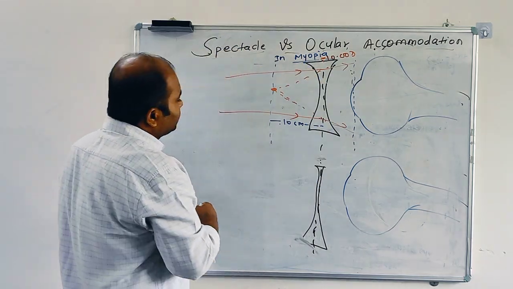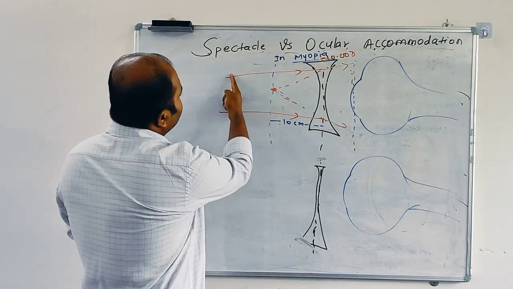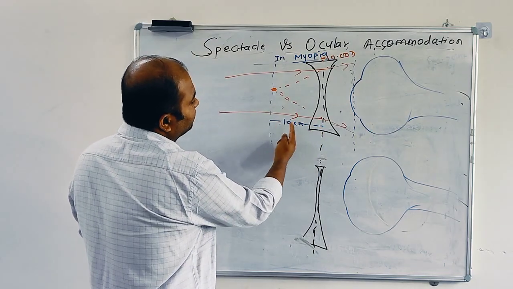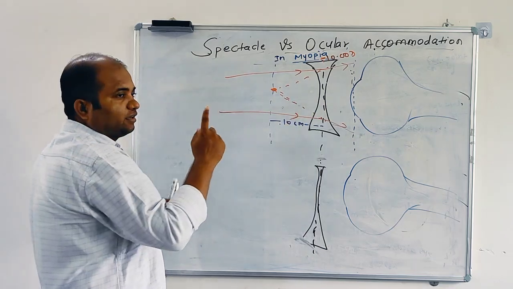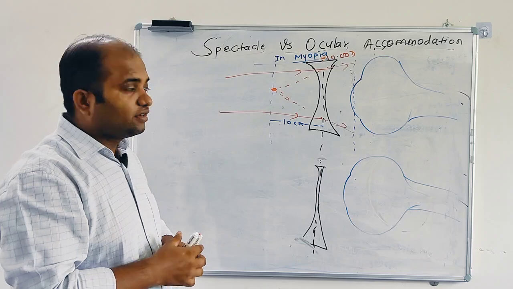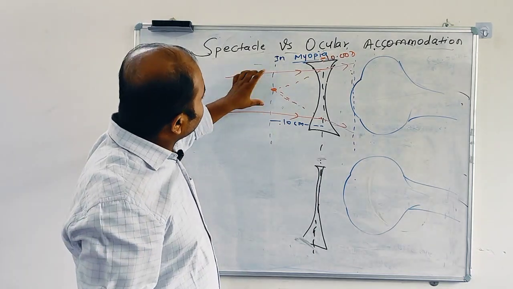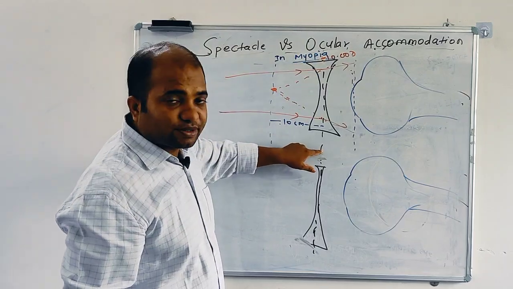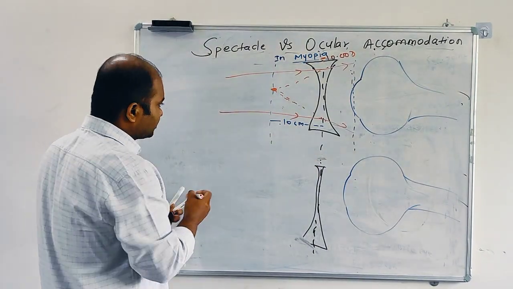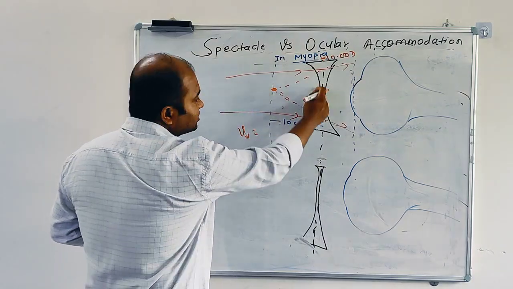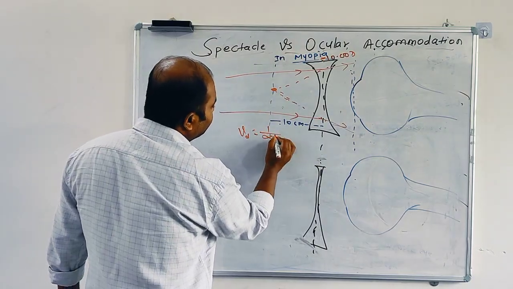When you are wearing glasses and seeing distance, we are taking the measurement from here, right? So the vergence of light coming from the distance and striking here at the spectacle plane: Vd equals vergence of light at distance, when the eye focuses at distance and parallel rays of light are striking, so 1/infinity is 0.